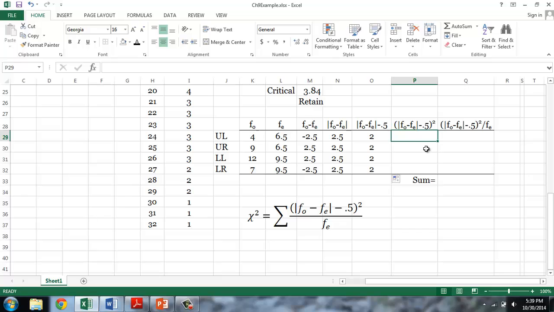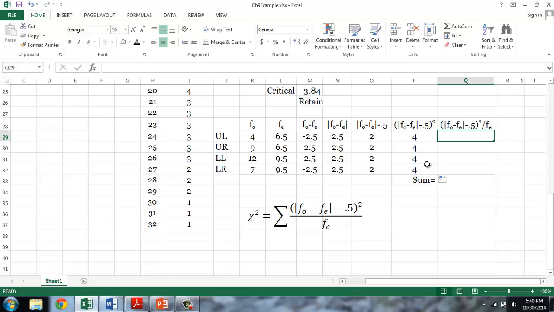I then square that and then divide each of those by their respective expected frequencies.